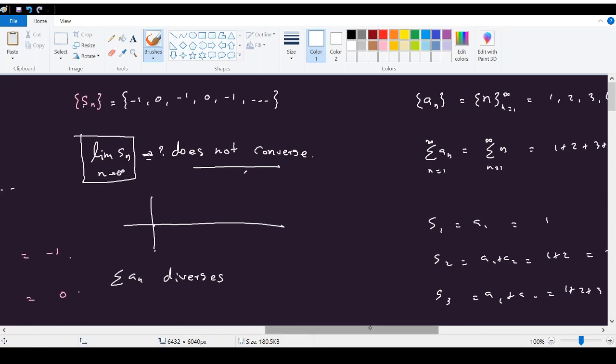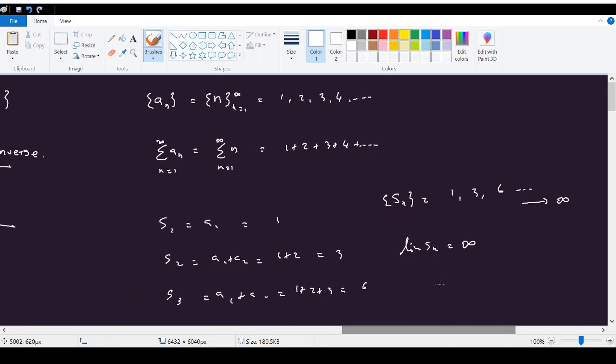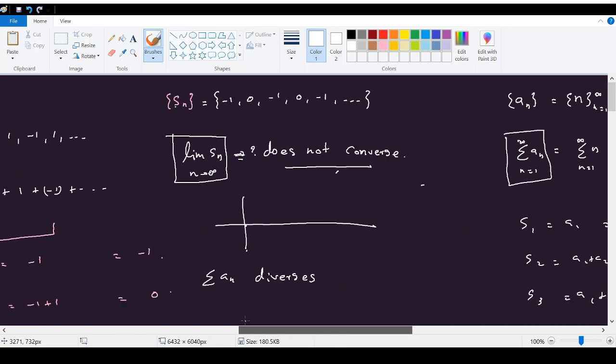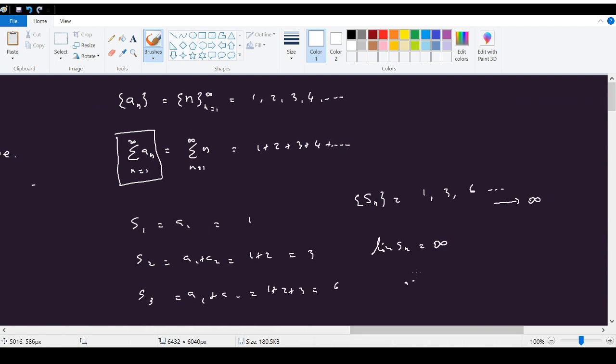Anyway, in both cases we say that the corresponding series diverges. And if there is a limit, we say that the series converges and the value of the series is equal to the limit. But in this case we don't say such a thing, we just say that the series diverges.